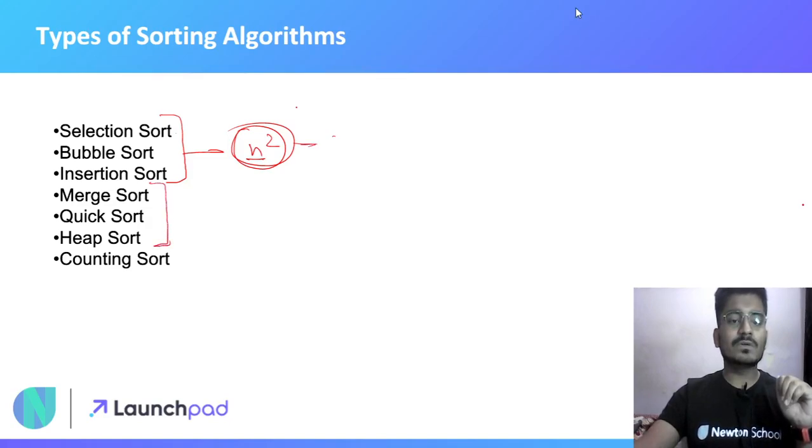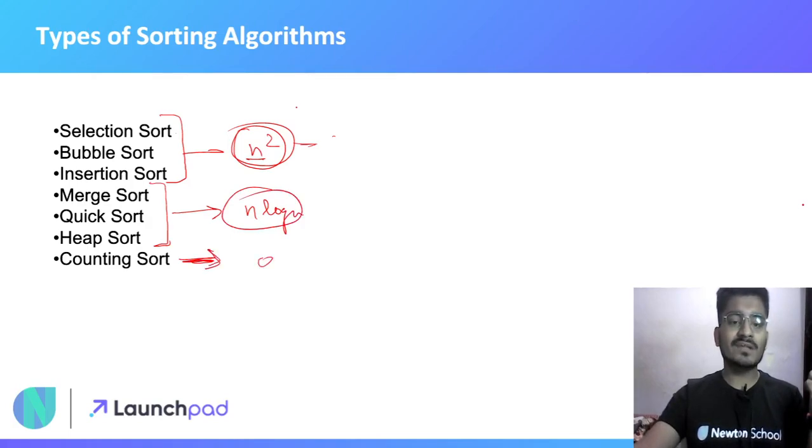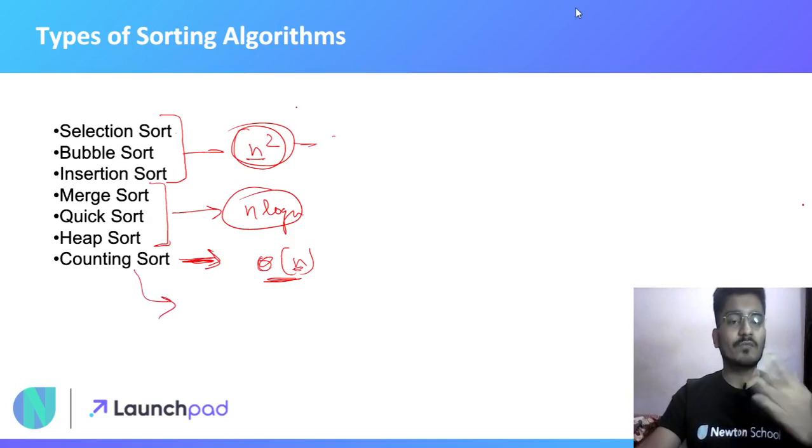These three algorithms have the best time complexity for all types of container elements, and it is n log n. And this sorting algorithm has time complexity big O of n, where n is the size of the container, but with the prerequisite that I have already told.